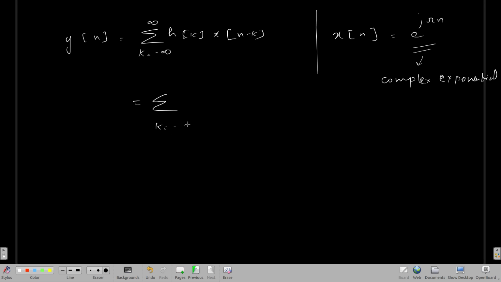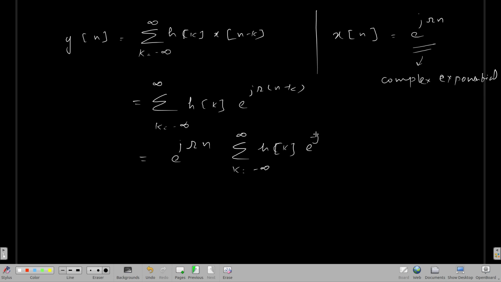It will be the summation k equal to minus infinity to infinity h of k e to the power of j omega into n minus k. Since the variable of summation is k, we can take the n part outside. So it will be e to the power of j omega n, summation k equal to minus infinity to infinity h of k e to the power of minus j omega k, that is y of n.